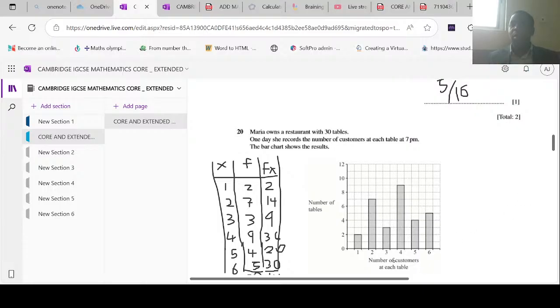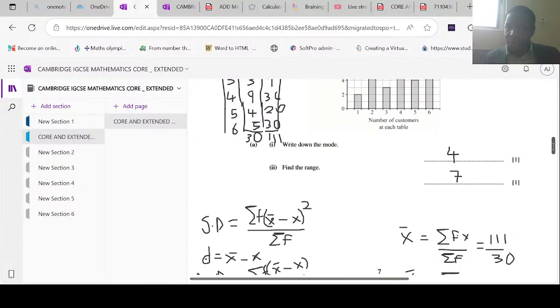We know that the number of customers at each table is the score, not the frequency, because for every bar chart, the height of the bar is the frequency. So the number of tables is the frequency. You get it now? Number of customers at each table is the score. Number of tables is the frequency. So we know that for sure.